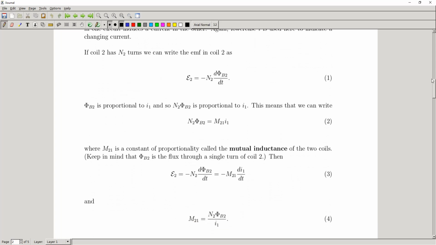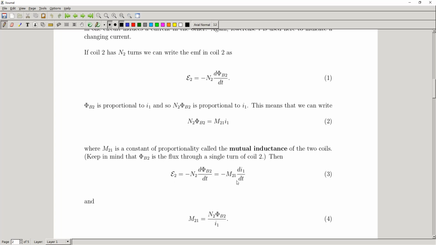If we then use this expression that we just built up and go back to our equation 1 and simply replace our N phi B2 by M21 I1, then our time derivative is only going to hit the current. Only the current is changing in time. This constant of proportionality is not going to be changing.